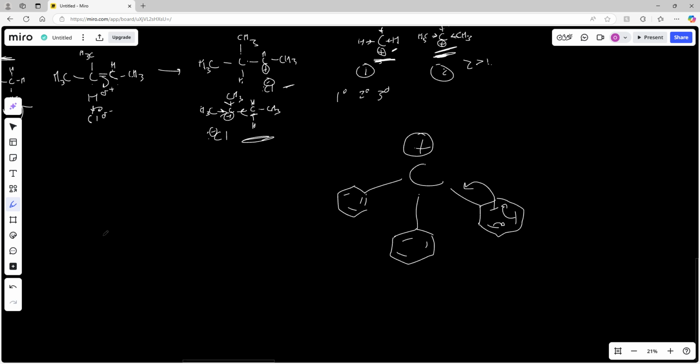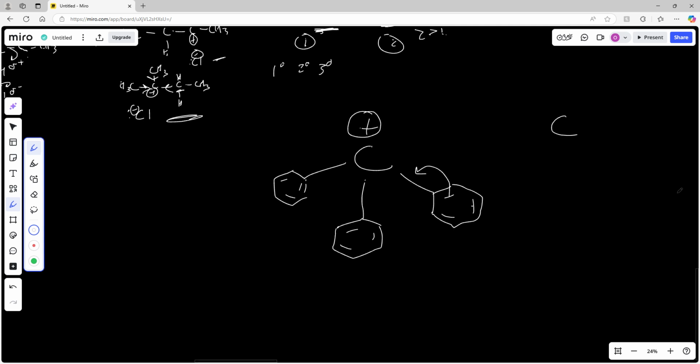So if we start off by drawing out the one from the first one, I'm just going to write phenyl on this bit to shorten it. So we have a double bond here, and this carbon here is now left without a bond, so this is electropositive, and then that's a double bond.